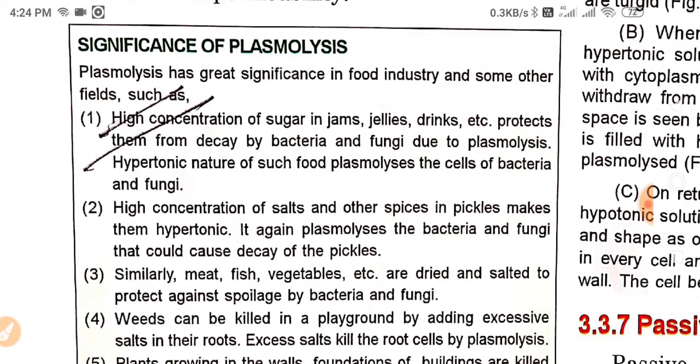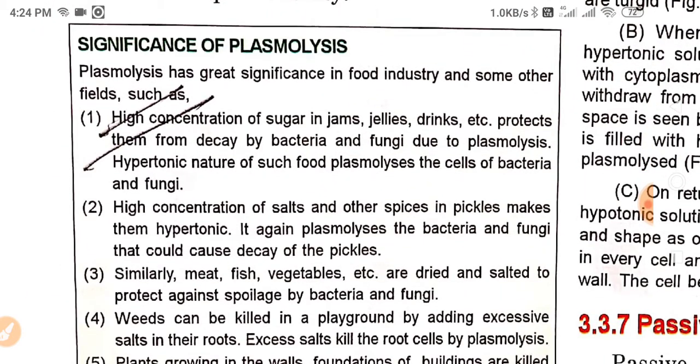The significance is that high concentration of sugar in jams, jellies, drinks, etc. protects them from decay by bacteria and fungi due to plasmolysis. The hypertonic nature of such food plasmolyzes the cells of bacteria and fungi. That's why fungi and bacteria do not grow on jams and jellies.